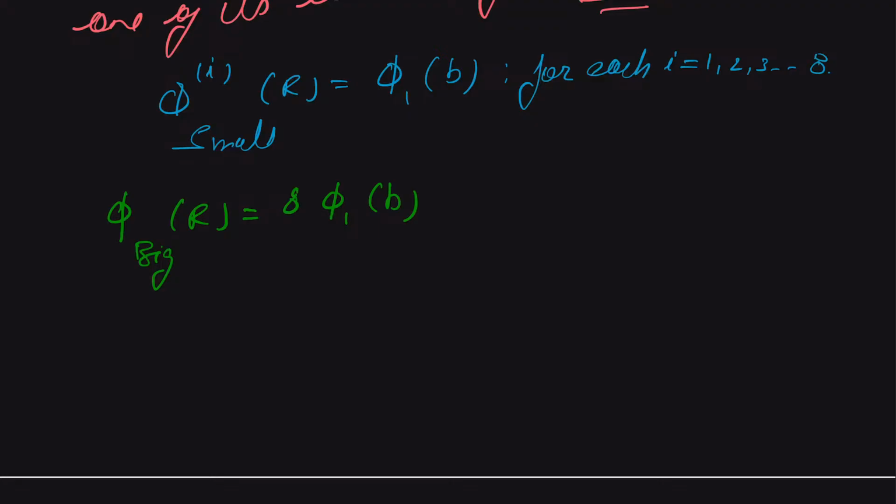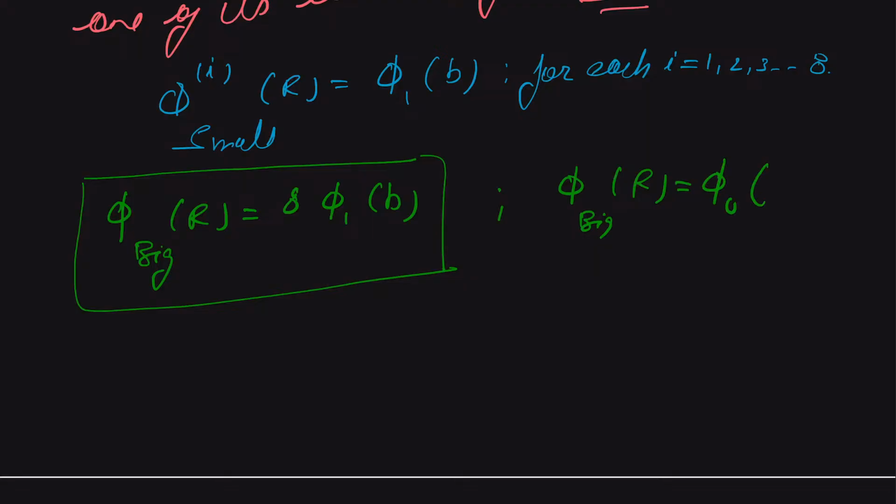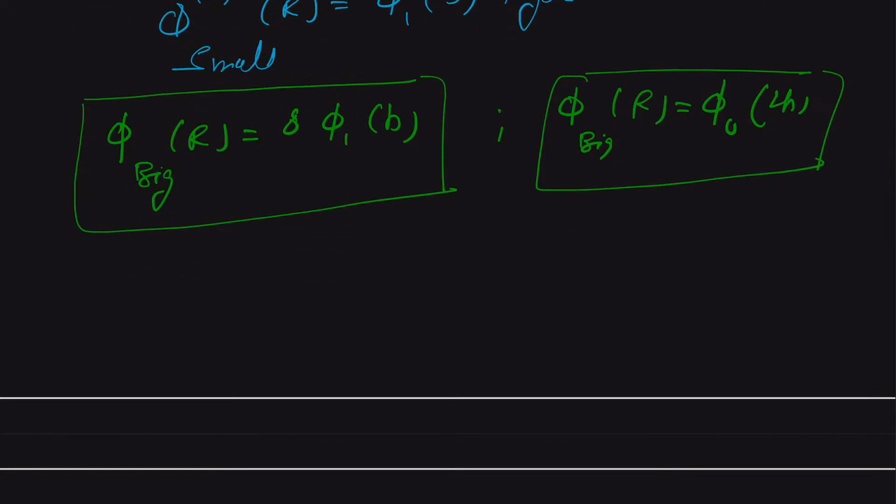So we got the relationship by the superposition principle. But we also know that phi for the big cube at r is equal to phi naught 2b, which we have already derived. So we can simply equate them. Therefore, phi naught 2b is equal to 8 phi 1 b.